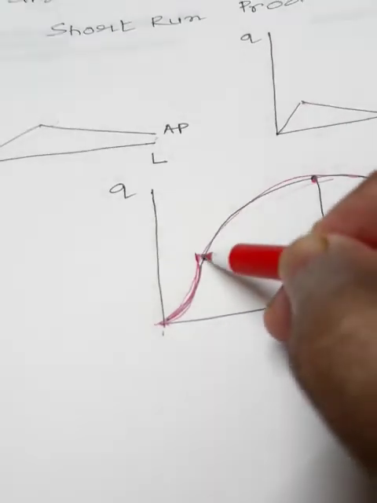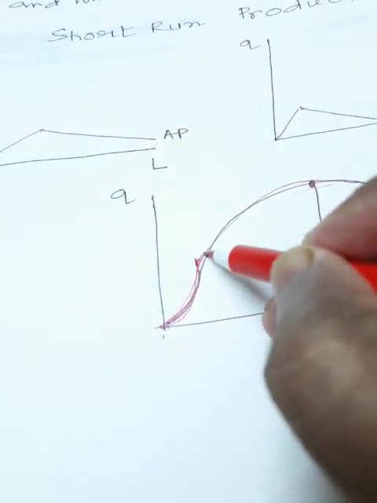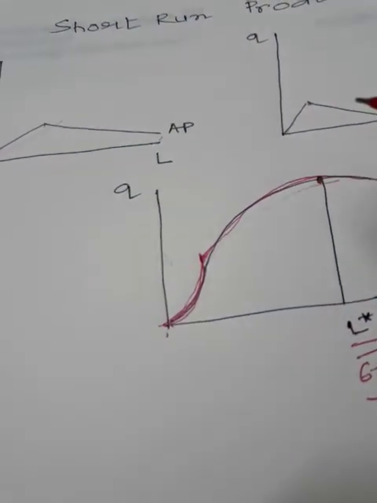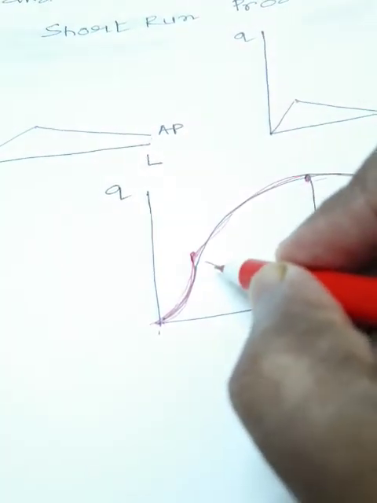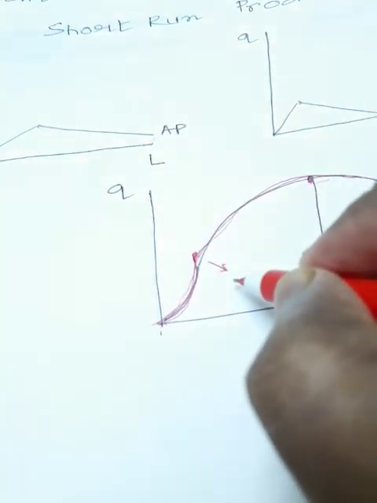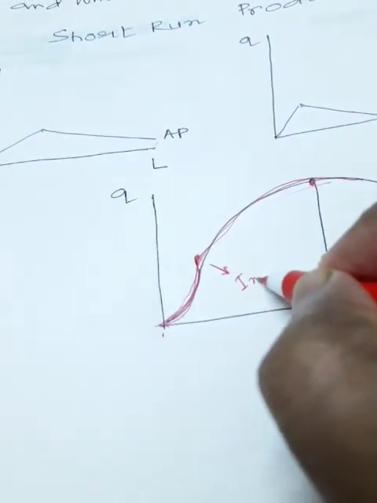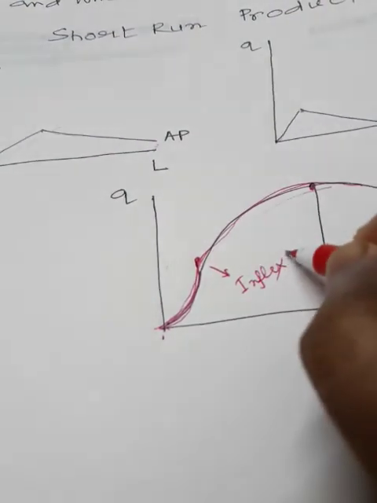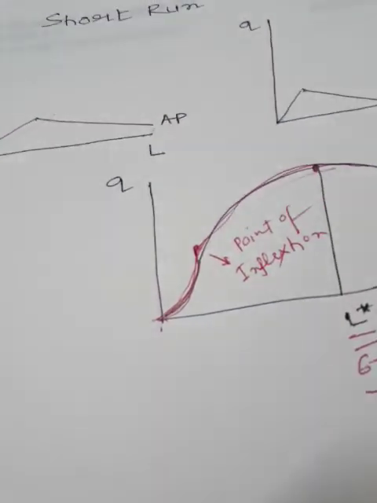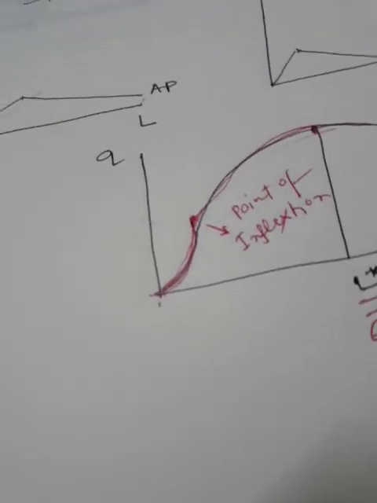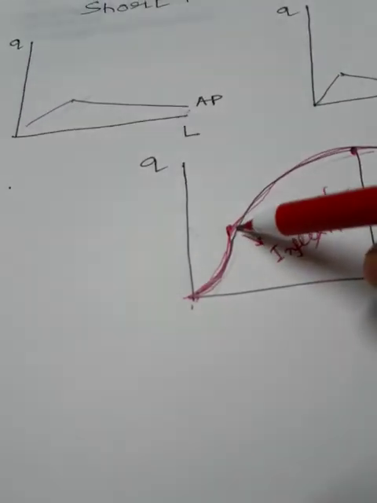So the total product curve is initially convex, then after some time it is concave. The point where it turns from convex to concave is called the point of inflection. Now, why is the shape of the total product curve like this? Initially convex, then concave.